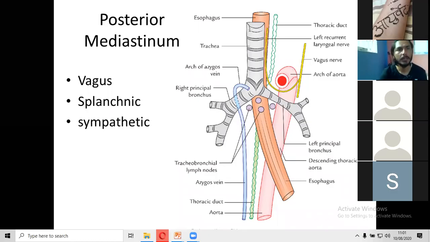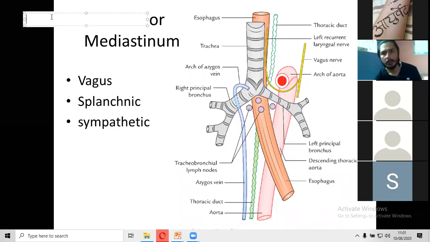Are you getting the content? Nerve you will see, artery, vein, and duct you will see. The duct is the thoracic duct, and other structures you will see are the lymph nodes.